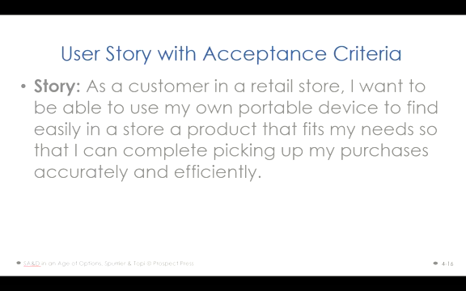One is called accuracy, the other is called efficiency. And the complete story, again, pay attention here, is one sentence. You want to make sure that this user story is short, right to the point, with a measurement criteria that can be used for future design.